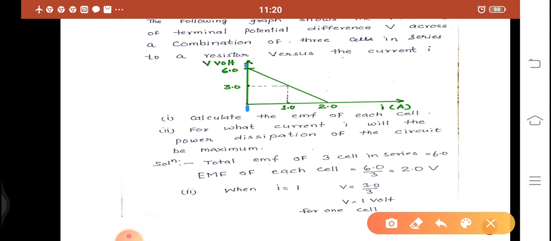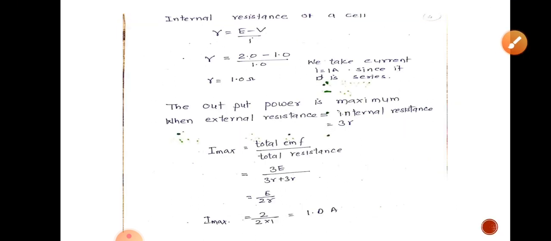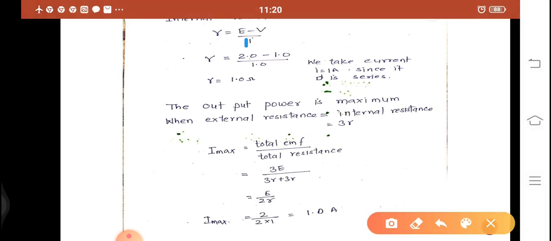That means each cell has the EMF of 2 volt. This is the intermediate condition. This 3 volt is terminal potential. And then by using terminal potential, E is 2 and V is 1, so we get the resistance and the total maximum power. Maximum current is 1 ampere, and corresponding to that, power will be maximum.